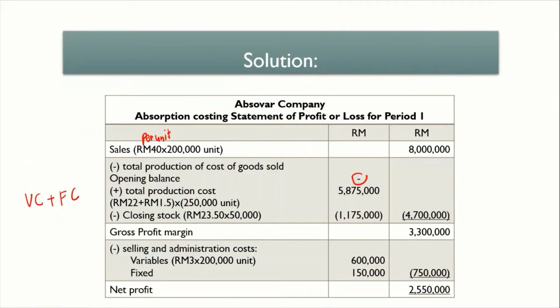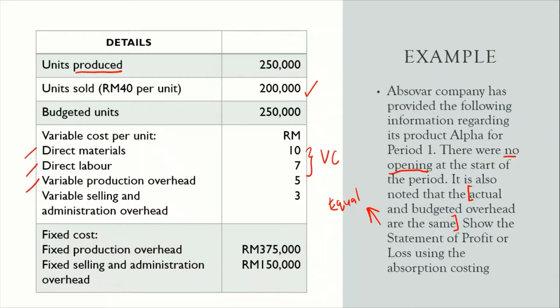After you identify the VC, now you want to find the FC, the 1.5. So where do you get the 1.5? There's no 1.5 in the example. The table itself shows no 1.5 fixed cost per unit. It only displays a total, which is the total production overhead for the fixed cost.